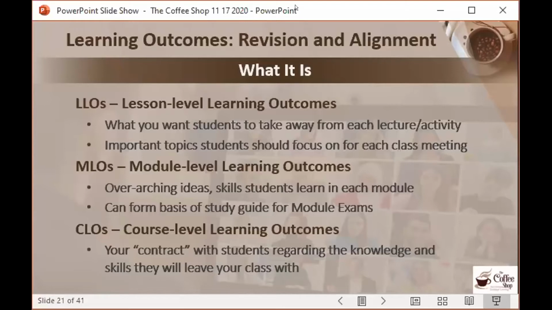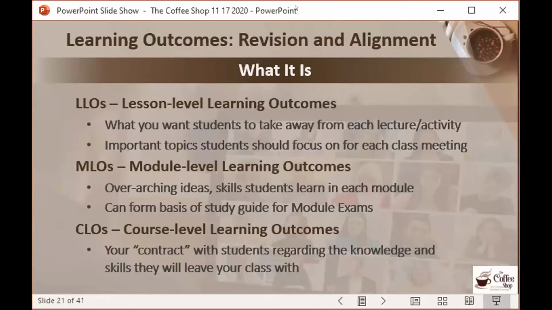About 2 years ago, I took the AQ credential course on effective college teaching practices. The most impactful modules for me were the ones on writing learning outcomes, aligning learning outcomes to assessments, and aligning learning outcomes to activity.